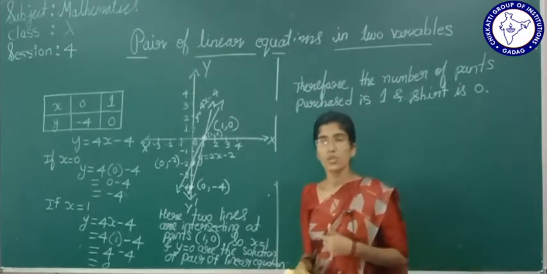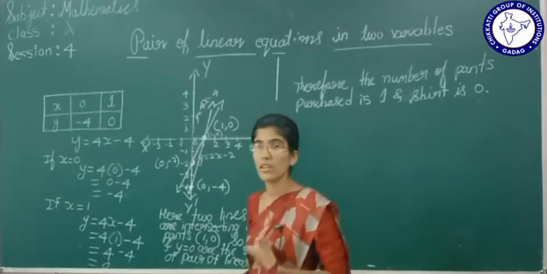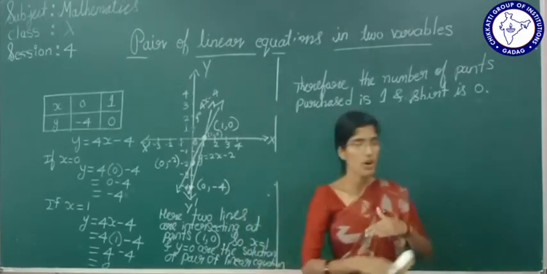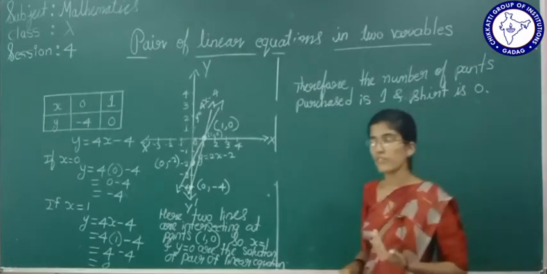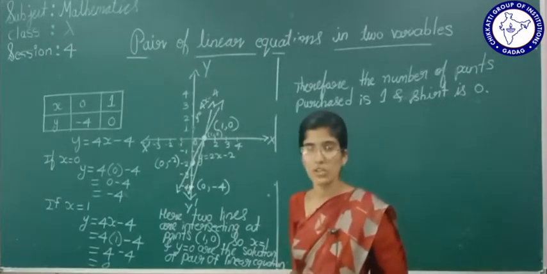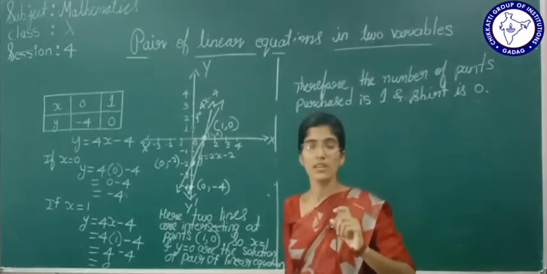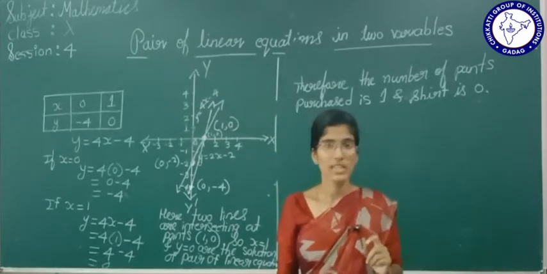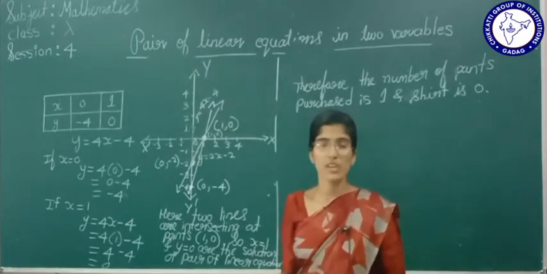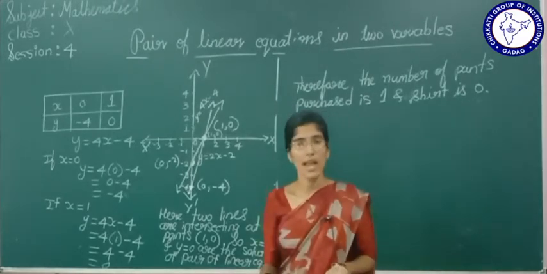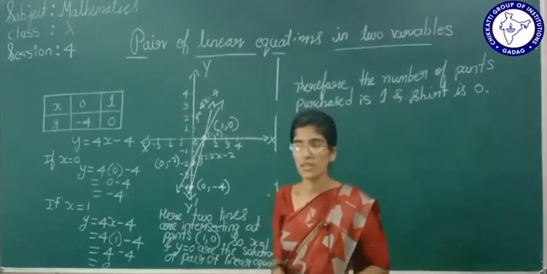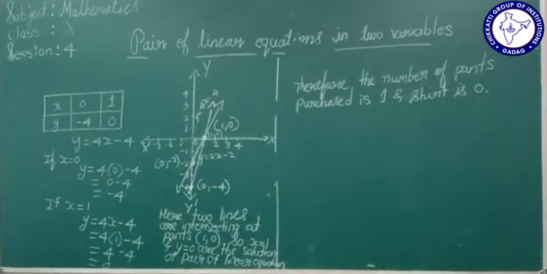If two lines are coincident, we get an infinite number of solutions, and we call that system dependent and consistent. We will solve exercises based on this.